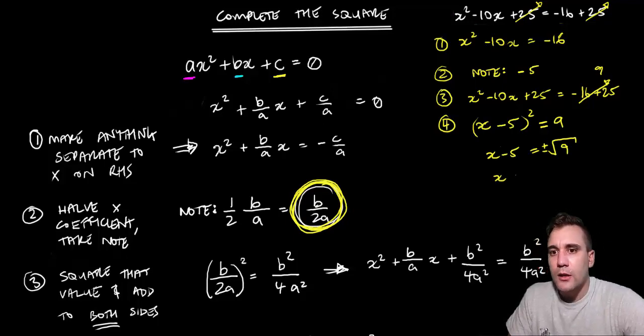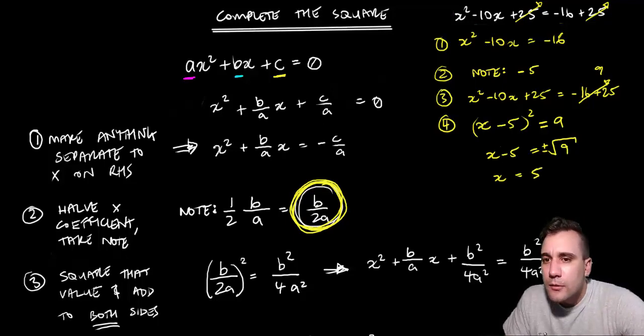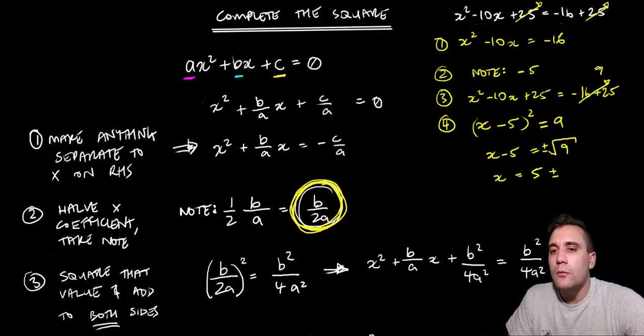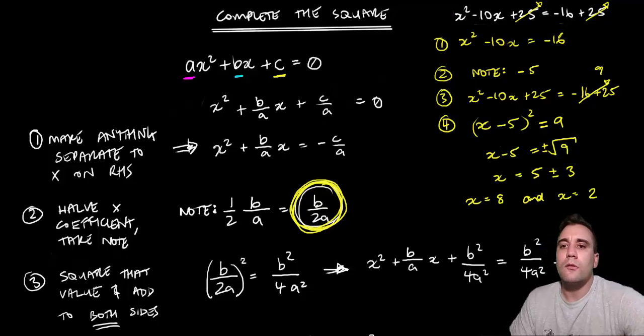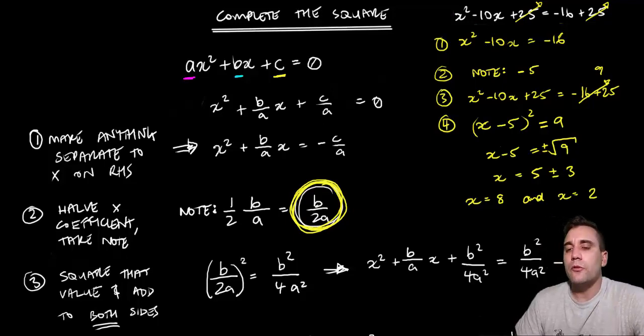Then we add 5 to both sides, so x is equal to 5 plus or minus root 9, which is 3. So x is equal to 5 plus 3, which is 8, and x is equal to 5 minus 3, which is 2. So those are the two possible solutions.